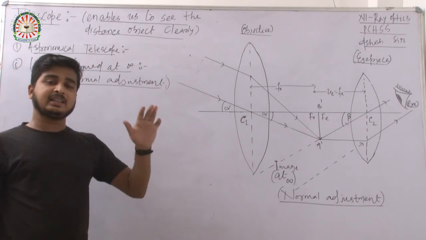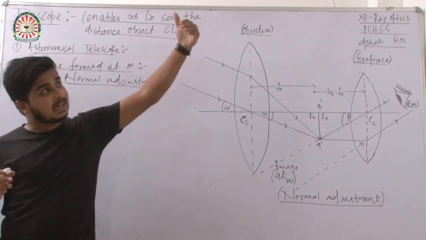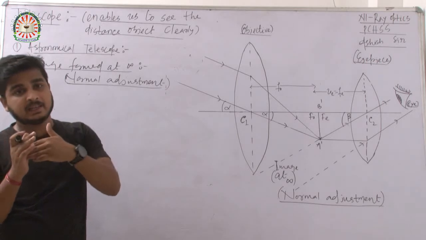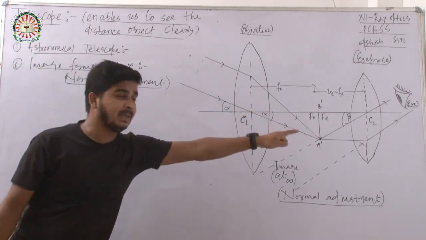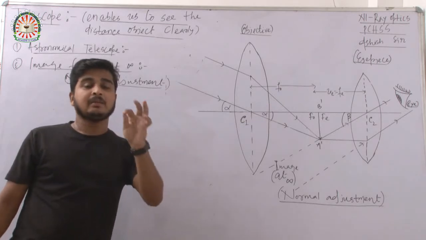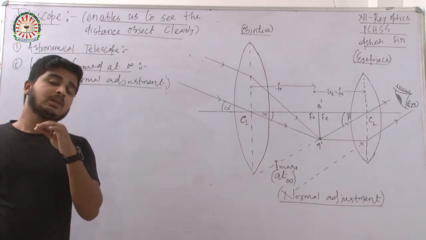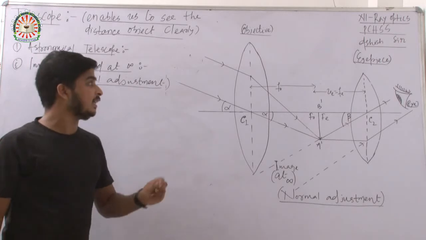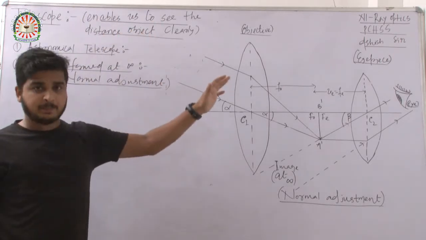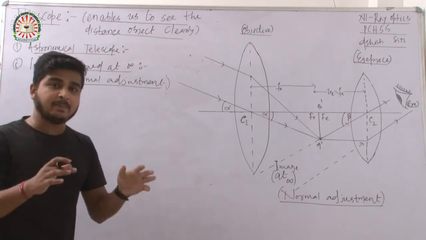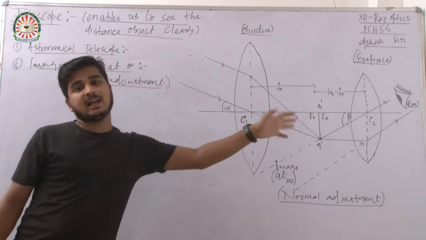As the distance between the telescope and the object is very large, the ray coming from infinite makes nearly the same angle at the objective, at the eyepiece, and at our eye.